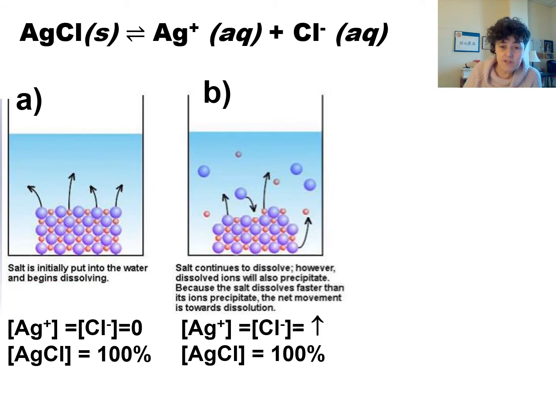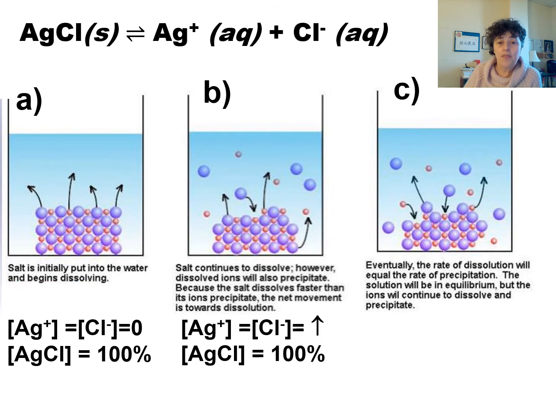But as the concentration of the ions in the solution increases, the chances that they could collide into each other also increase. That would lead to reprecipitation of the ions, a process we call crystallization. So the rate of crystallization increases over time because the concentration of the ions in the solution is increasing.